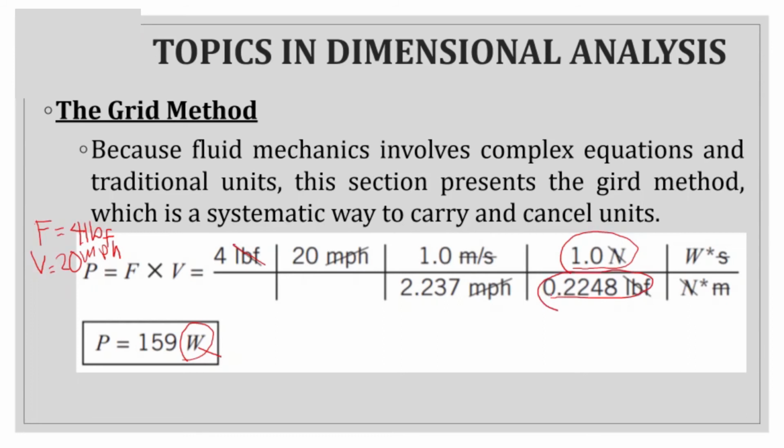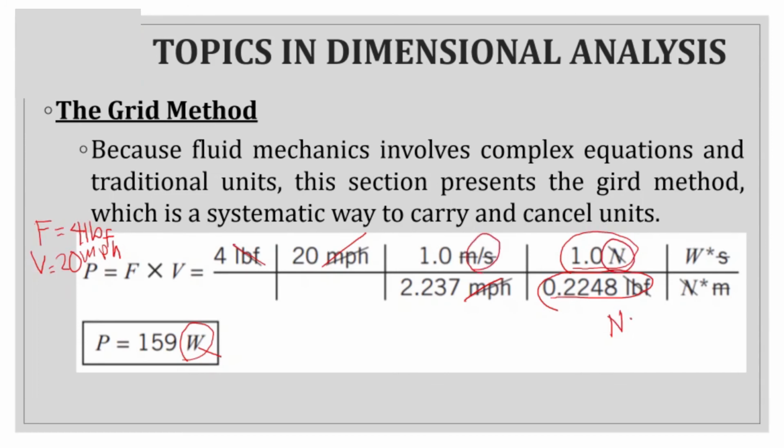Then for the velocity, 1 meter per second is equivalent to 2.237 miles per hour. Miles per hour is in the numerator and also the denominator, so we could cancel it out. So what we have left here is newton and meter per second.